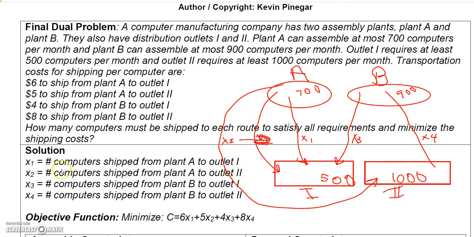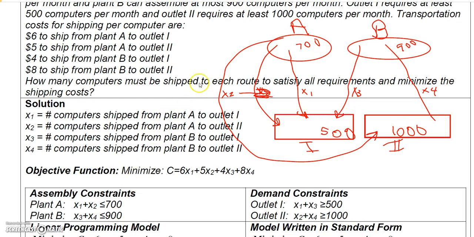Now, the first thing I want to do is come up with my objective function. Each of the computers that go from Plant A to Outlet 1 costs $6 per computer. Each from Plant A to Outlet 2 costs $5. Each from Plant B to Outlet 1 costs $4.